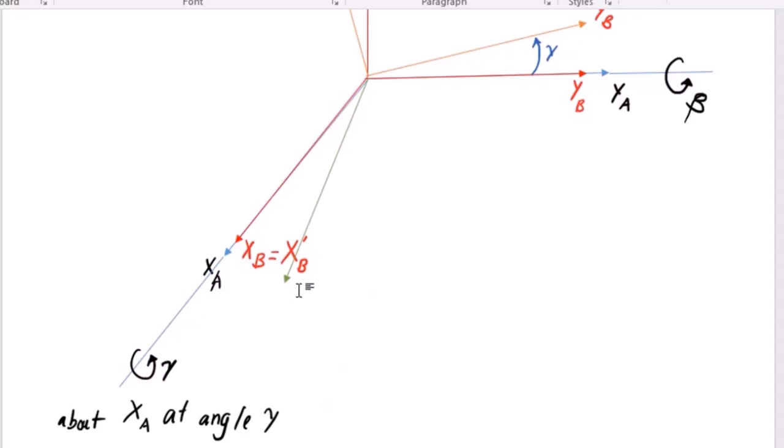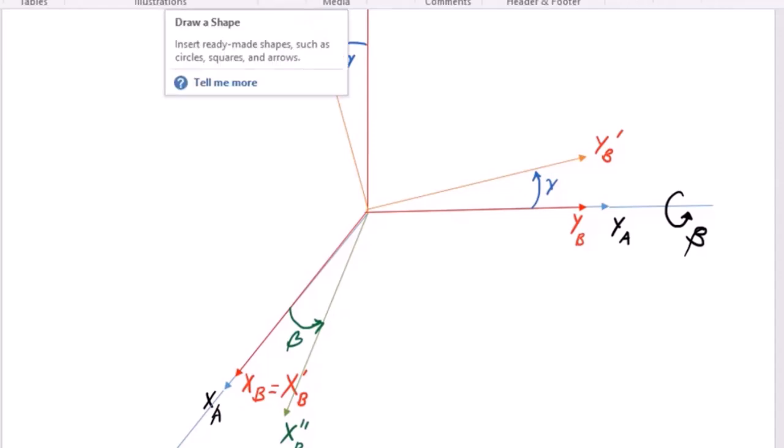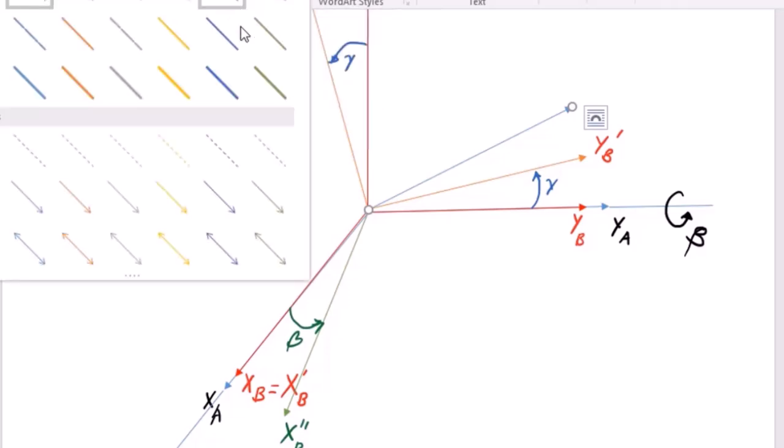So this is now the XB double prime, affected by the beta. And this other axis is also affected by the beta. So this is green.